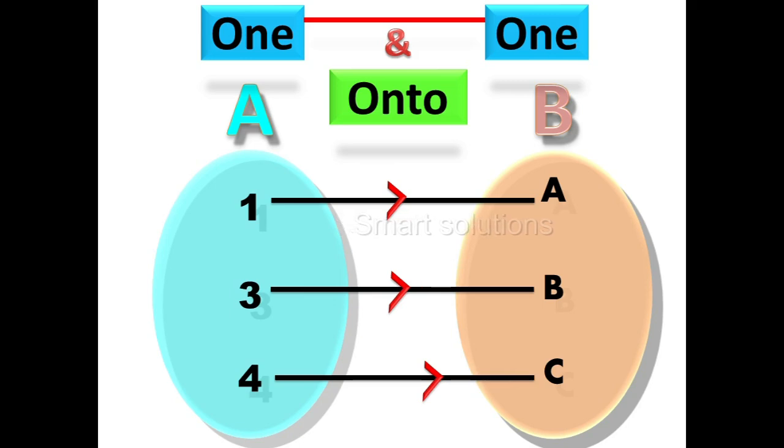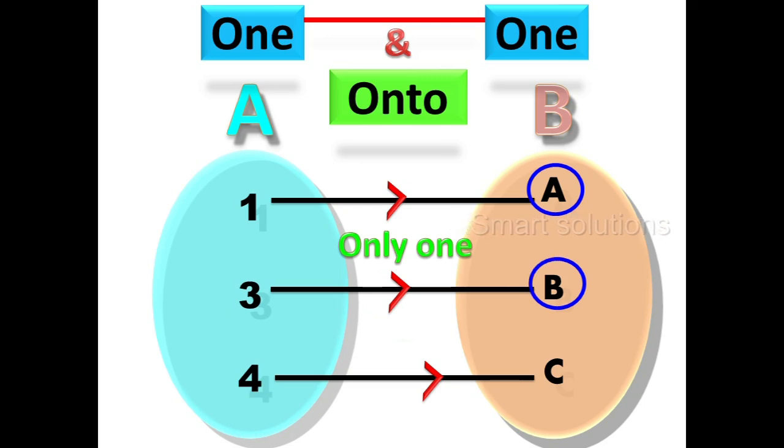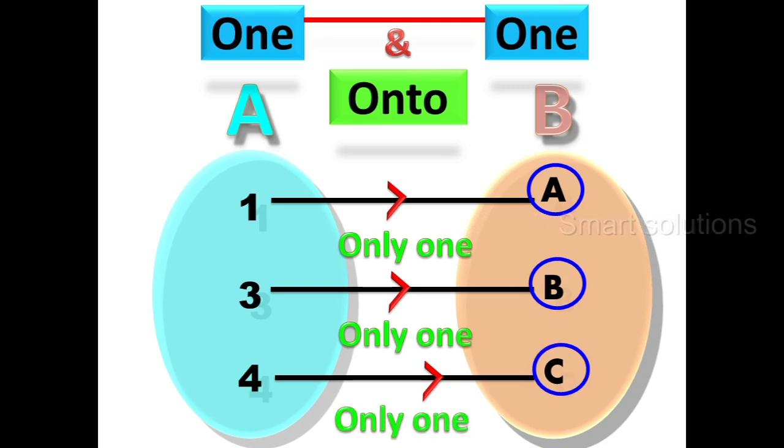Observe this example. Here, no element of Y has more than one relation, so the function is one-one, and all elements of Y have a relation.